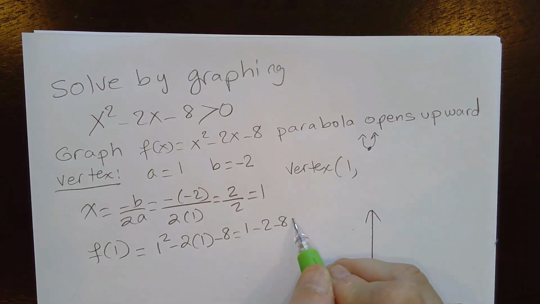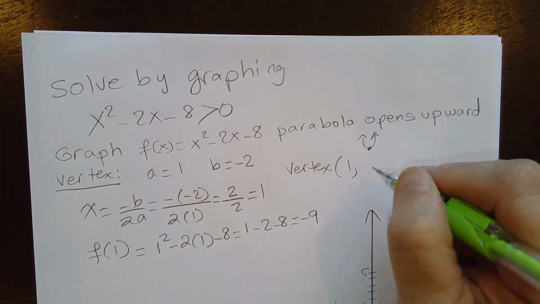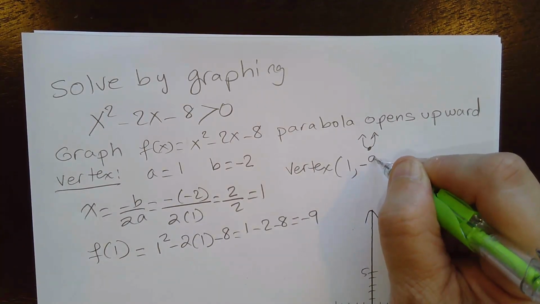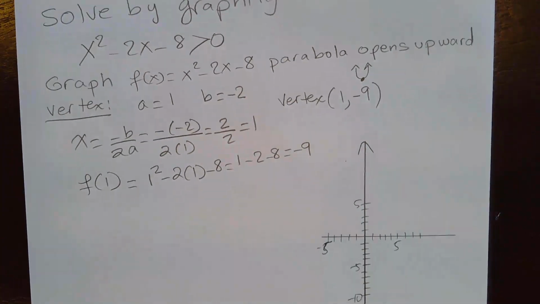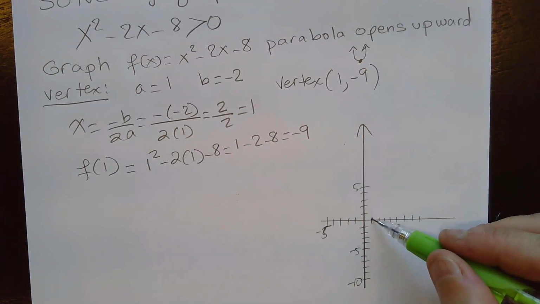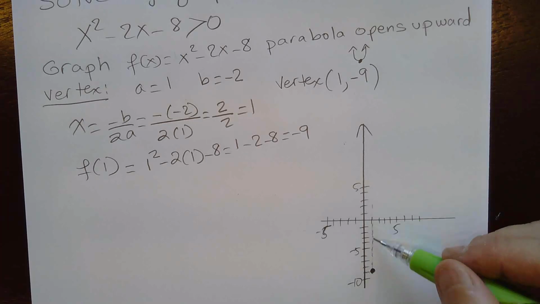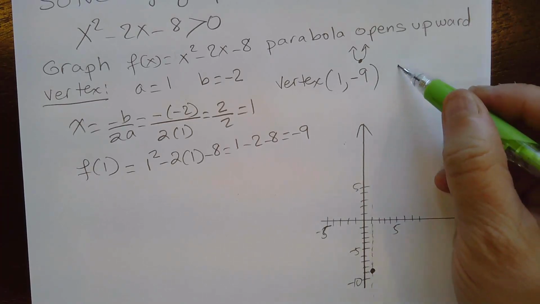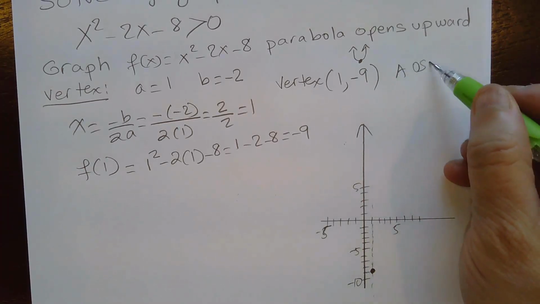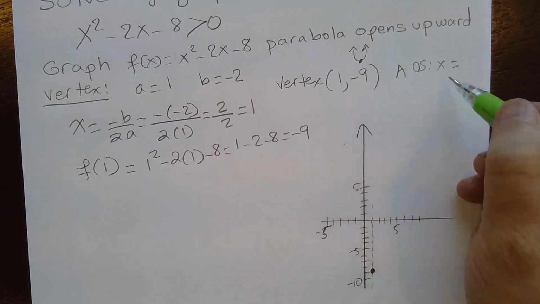And that is equal to negative 9. So the y-coordinate of the vertex is negative 9. So the vertex here is (1, negative 9), and there you have it. The axis of symmetry is x equal to 1, the x-coordinate of the vertex.